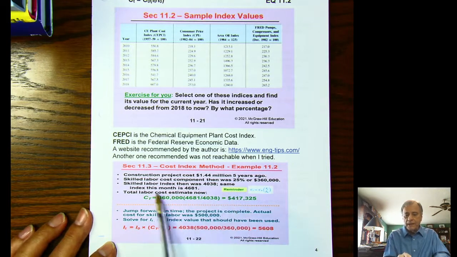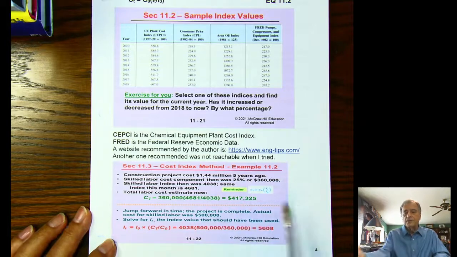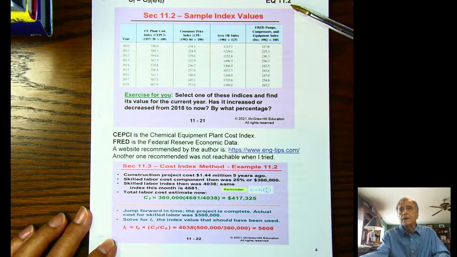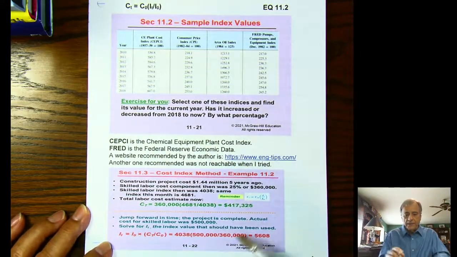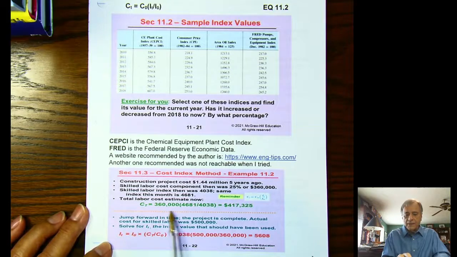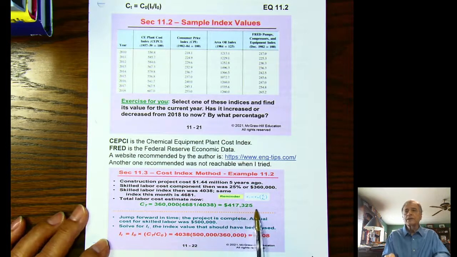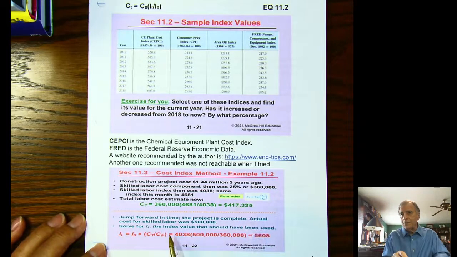But now the labor cost index is 4,681. So how much would the labor cost be now? And you just apply equation 11.2 to this data, and you get $360,000, that was the 5 year ago cost, times the ratio of the two indices, the 4,681 divided by the 4,038, and you get 417,326.